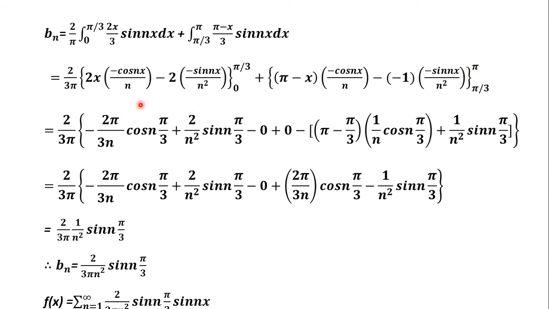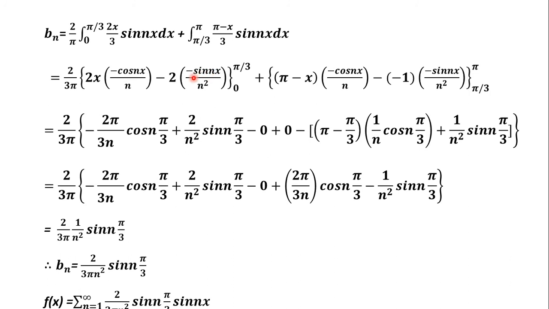Now substitute the values of upper and lower limit. When x equal to pi by 3, we get minus 2 pi by 3n into cos n pi by 3 plus 2 by n square into sin n pi by 3. When x equal to 0, this term will be 0 and sin 0 is 0, so this term is also 0.